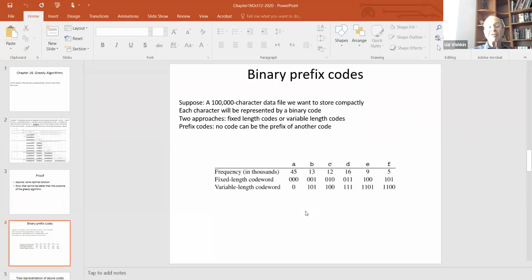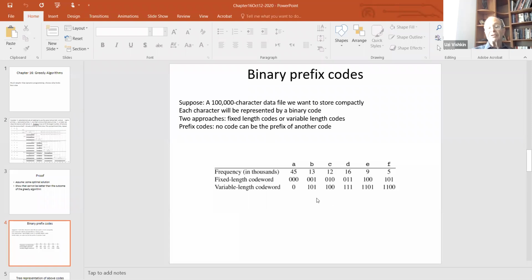Like in this case, suppose I have a total of 100,000 characters and A appears 45,000 of the time, B 13,000, C 12,000, D 16,000, E 9,000, and F 5,000.